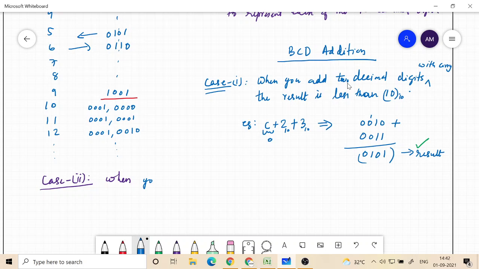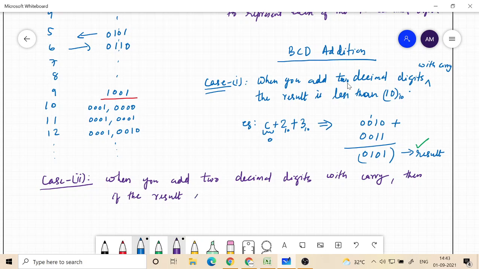So when you add 2 decimal digits with carry, if the result is not part of the BCD code, you will get a 4-bit result, but that result is not a part of the BCD code.